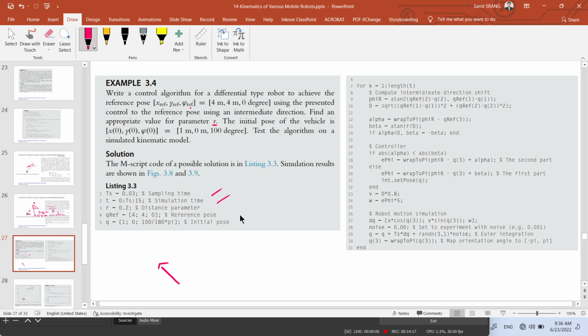Then choose distance r as 0.2. So this answers the problem that asks us to choose r. And q ref is h ref, y ref, and phi ref.